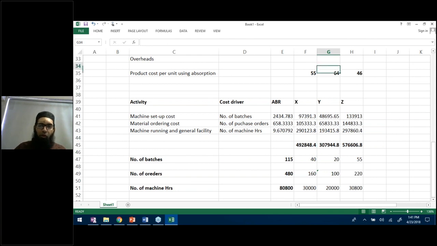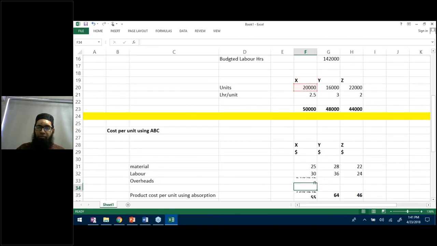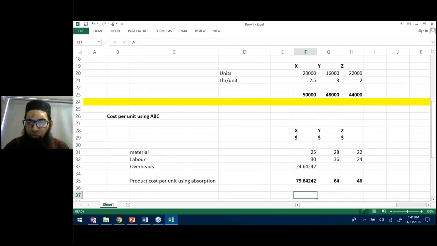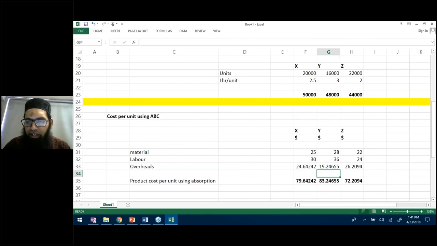So to calculate the overheads per unit, what will I do? I will simply divide the total overheads of each product with its respective number of units. So it is 24.64242 overheads for product X using activity based costing. Because I have to do the same calculation for product Y and Z, we can simply copy and then paste it, and I will have the answers of product Y and Z as well.